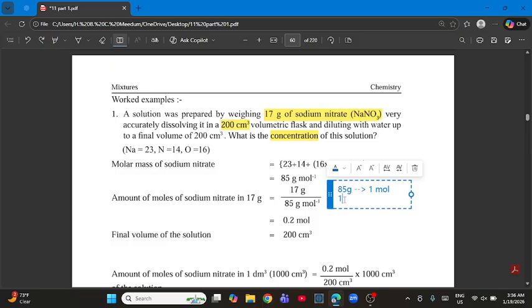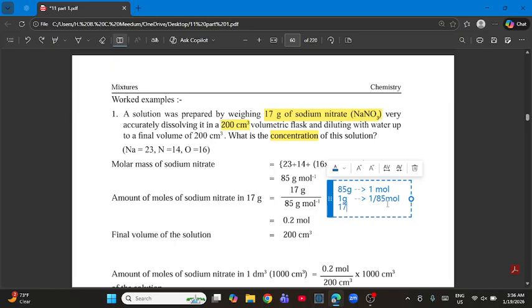Let's see, 1 gram equals 1 over 85 mole. Is it correct? 85 gram is 1 mole, so 1 gram is 1 over 85 mole.